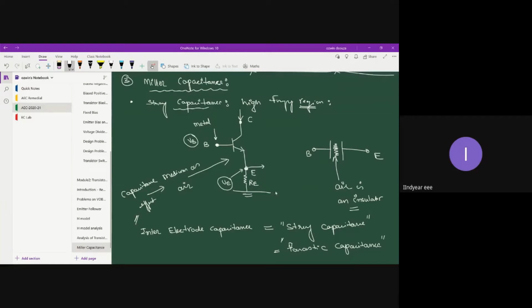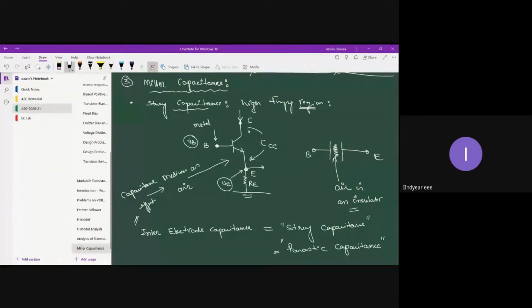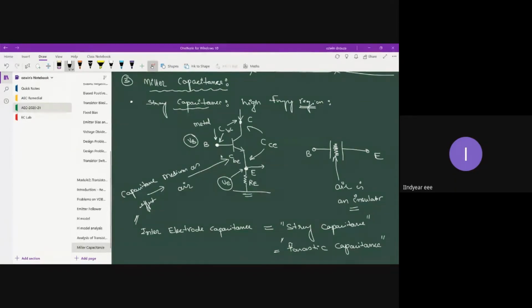So this parasitic capacitance exists between base and emitter terminal. It also exists between collector and emitter terminal, and it also exists between base and collector terminal. So BC, and this is CCE.